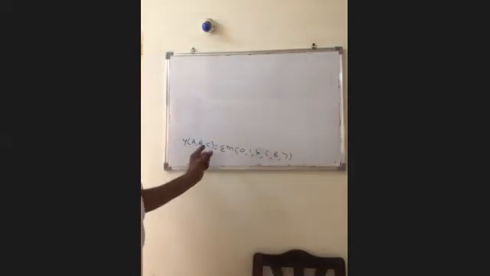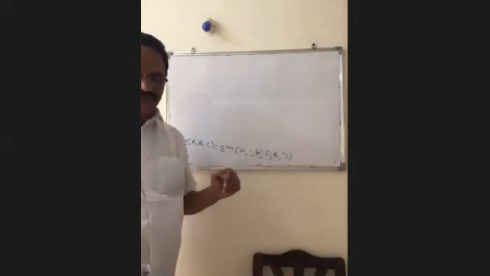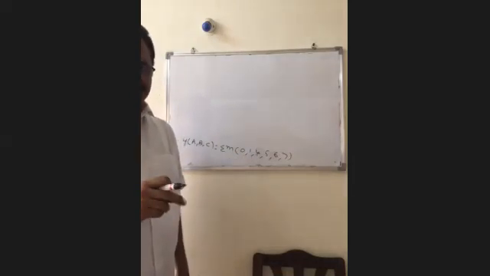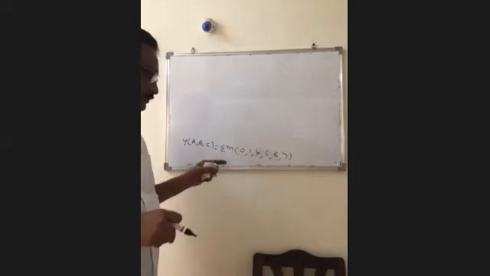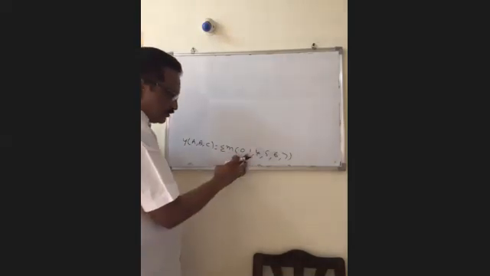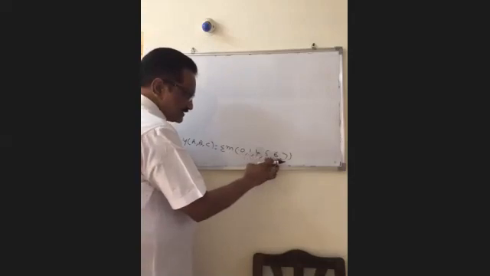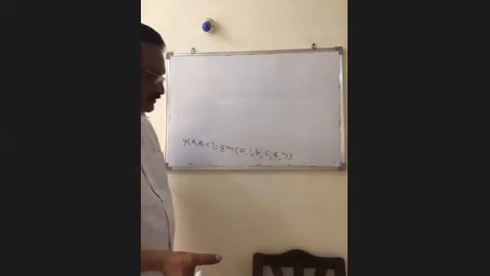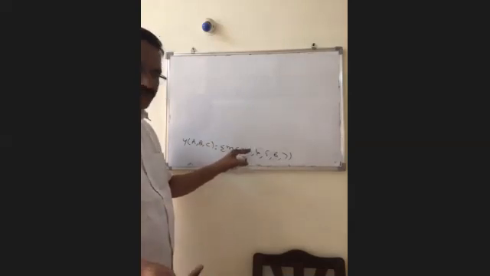How many variables are there in this expression? 3 variables. So how many possible terms? 8 terms, 0 to 7. In this one, 0, 1, 4, 5, 6, 7. What are the remaining terms? 2 and 3. Only 2 and 3.